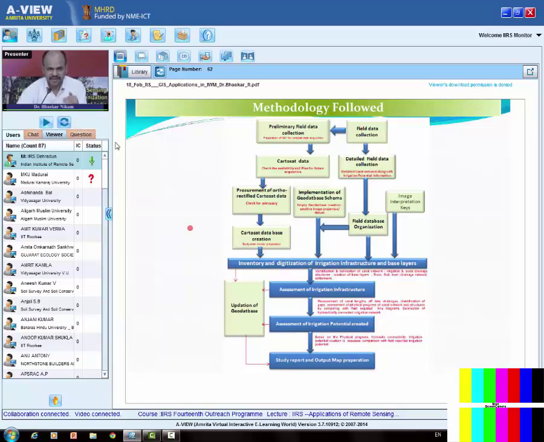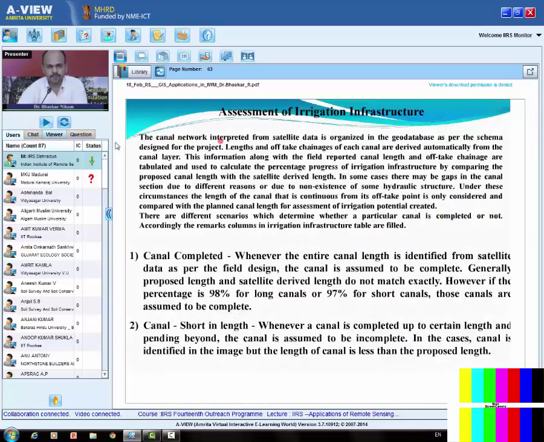But after that the main canal acts as a source for the branch canal or the distributary, which is taking water from that main canal. So I need to know if branch 1 is designed for 50 kilometer, is branch 1 actually being laid down for 50 kilometer, and is the entire 50 kilometer hydraulically connected to its source, which is the main canal?